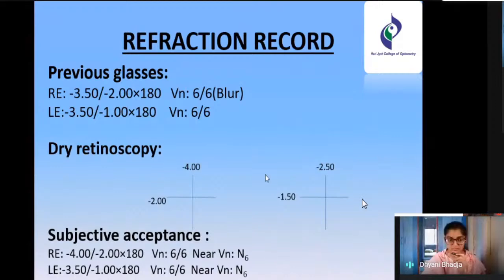This is her dry retinoscopic findings, and after subjective correction she accepts a new prescription: right eye minus 4 with minus 2 at 180, vision 6/6, near vision N6; left eye minus 3.5 with minus 1 at 180, vision 6/6, near vision N6. Here we can see her right eye prescription is increased by 0.5 diopter, and her glaucoma screening is also normal, retina equal.